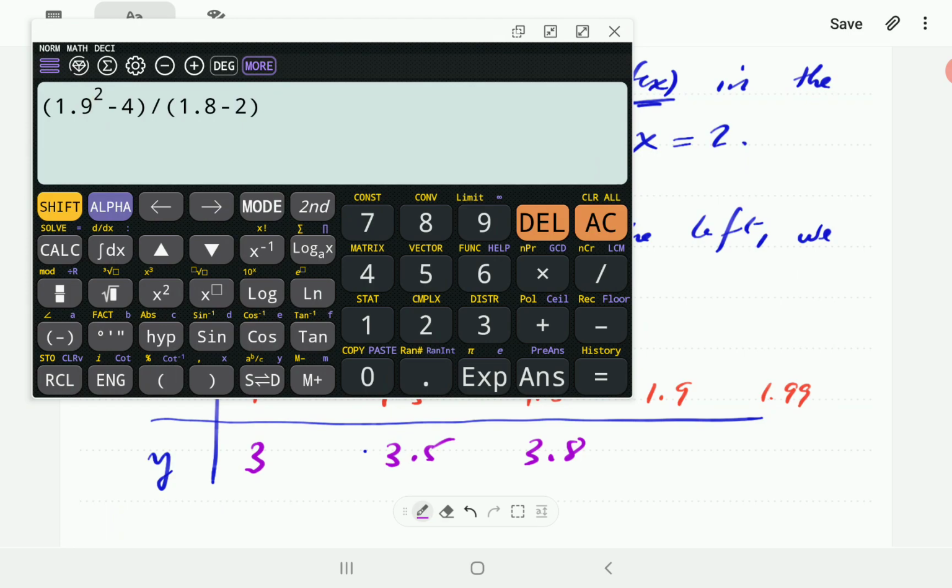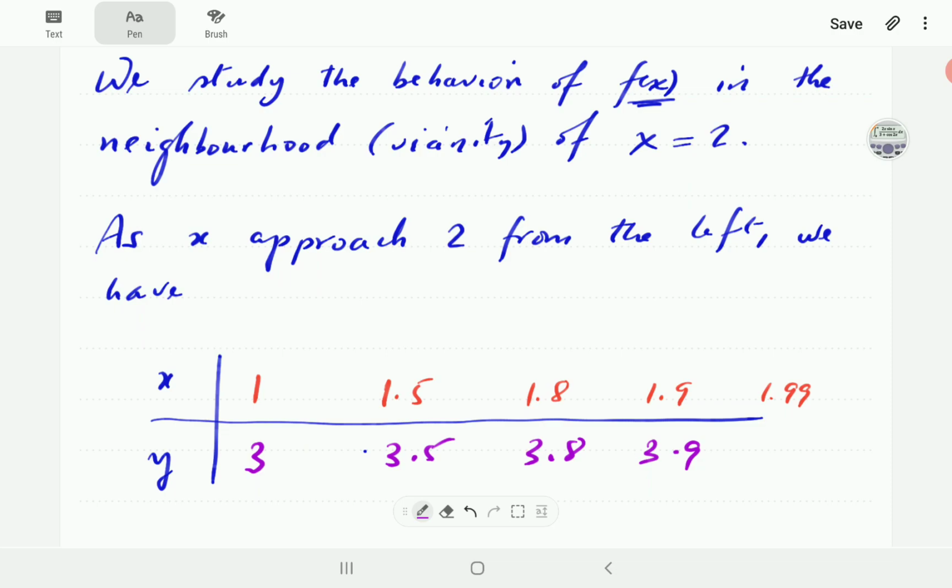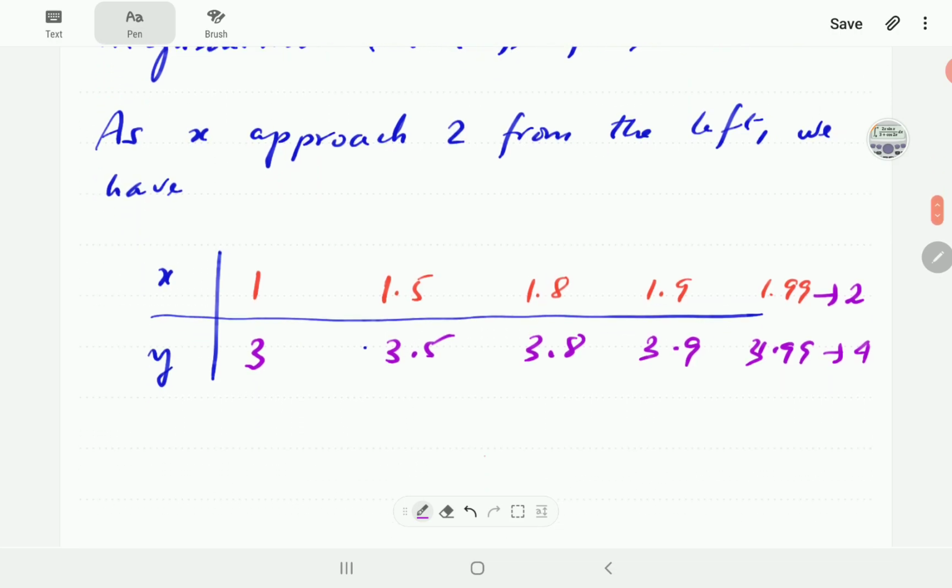Replace this by 1.9, and this goes to 3.9. So it looks like there's actually a linear correspondence going on here. It appears that that's going to be 3.99 when x is 1.99. So what are we noticing? We're noticing that as x is getting closer and closer to 2, y is getting closer and closer to 4.